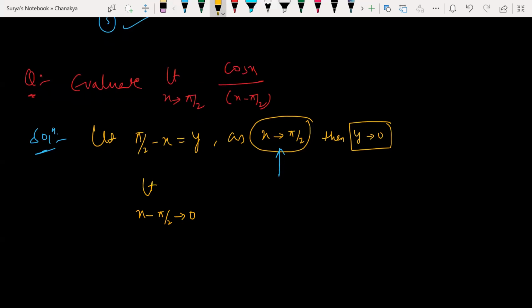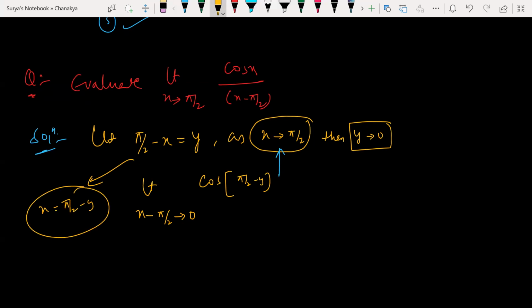Now cos x. What is x here? x is pi by 2 minus y. Look at it here. What is x here? pi by 2 minus y. And then minus pi by 2, this is what I get.